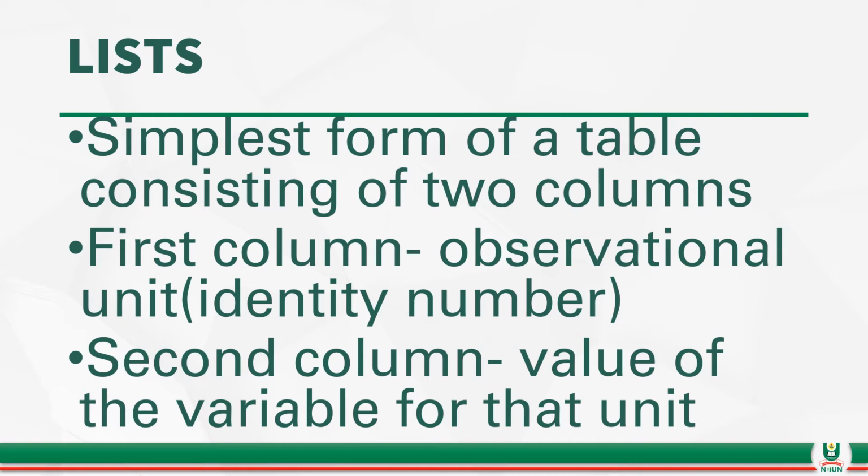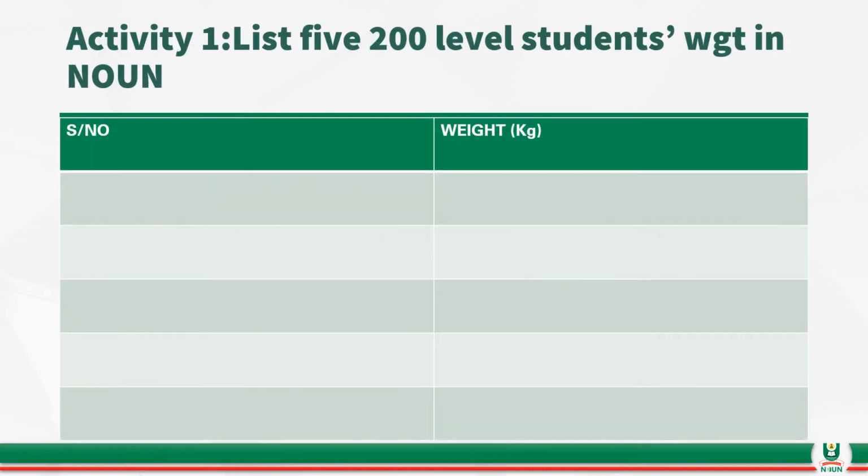So the next slide, we will have an activity. Activity 1. List 5 200 level students' weight in National Open University of Nigeria. So like I said, list is basically two columns.